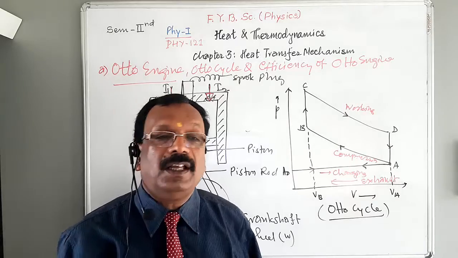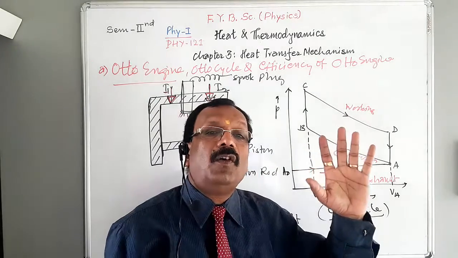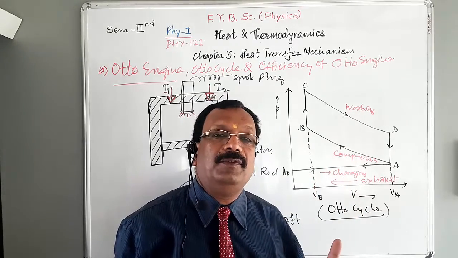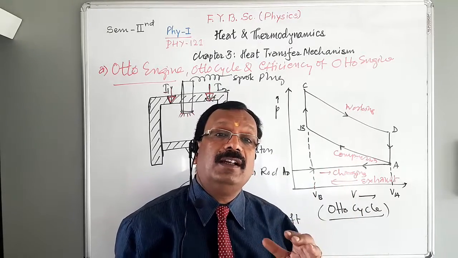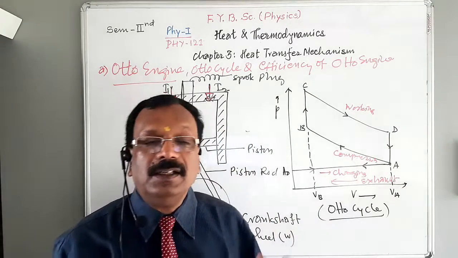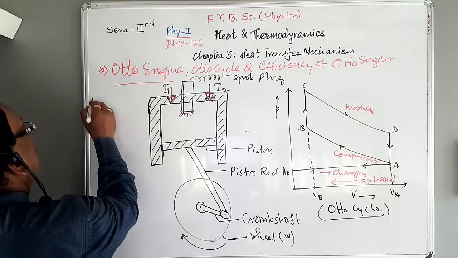Now we are going to see all the 4 strokes one by one, and during this time we have to find out the work done during every stroke. So see here, the first stroke is the charging stroke.